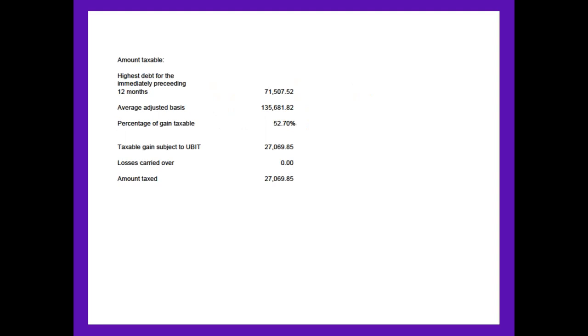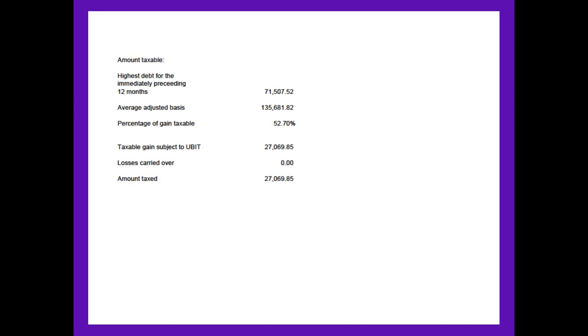Now, here's how you're going to compute how much of that $51,000 gain you have to pay taxes on, because remember, that gain, part of it is because of the financing. So what we're going to do to figure out the taxable amount is you have to look back a year and you say, okay, what was the highest amount that I owed on this property in the immediately preceding 12 months? So basically, you're just going to go back to January 1 of the year before and grab the loan balance, okay?